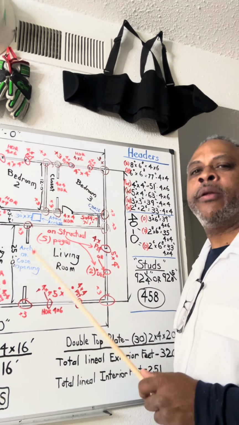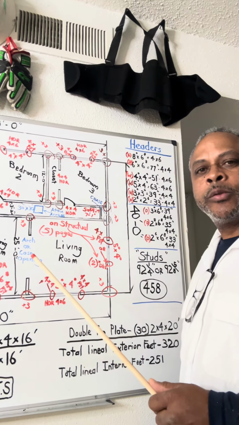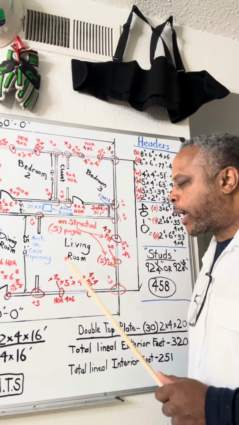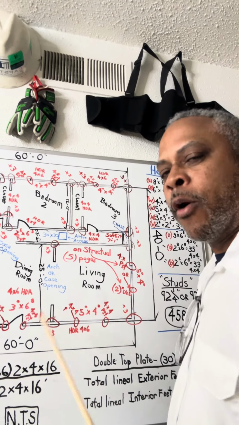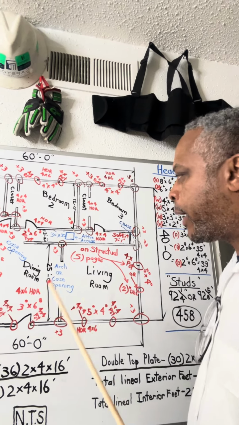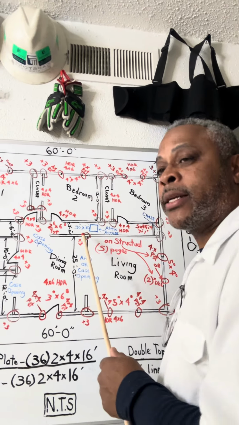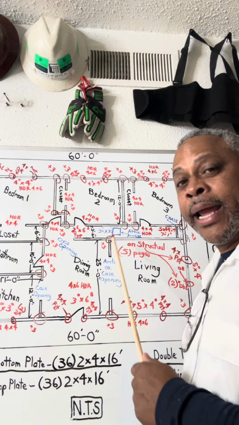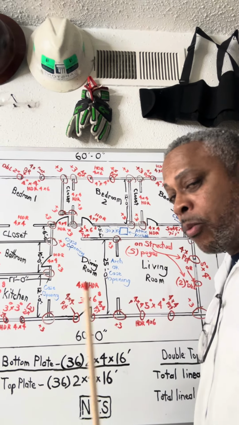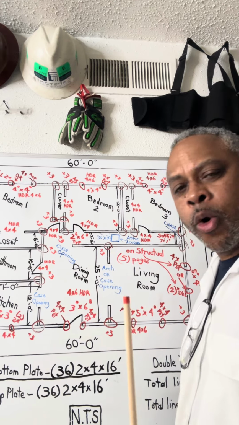Everything needs to be on point from the layout on up. Everything needs to be looking good. The doors and windows need to be in the right location. Your posts, your 4x4s, need to be in the right location. Your door swings need to be swinging in the right direction, as you can see that I have here. Your attic access needs to be marked and laid out on the ground. So when people look, everything is usually on the ground. Typical.